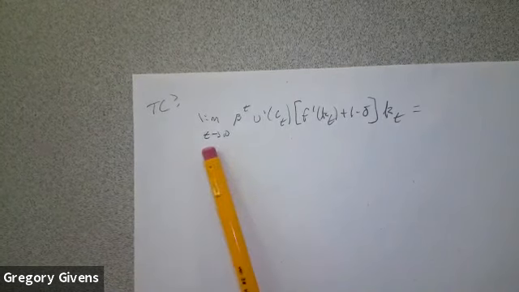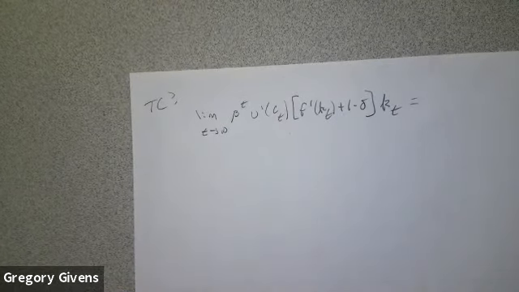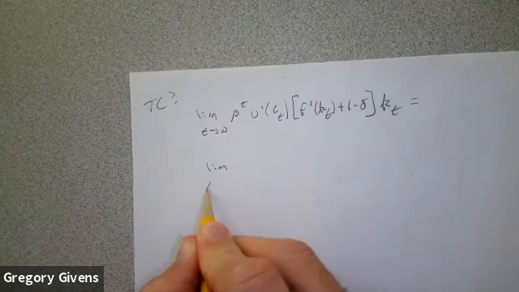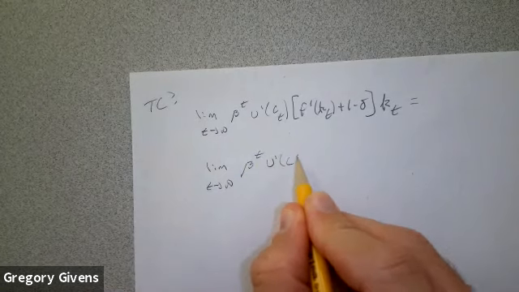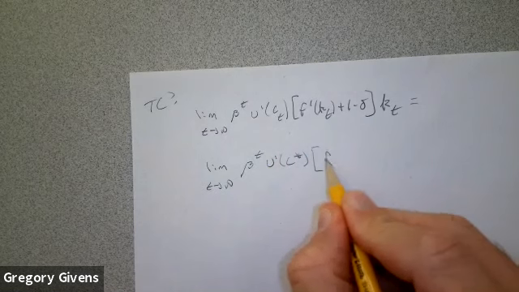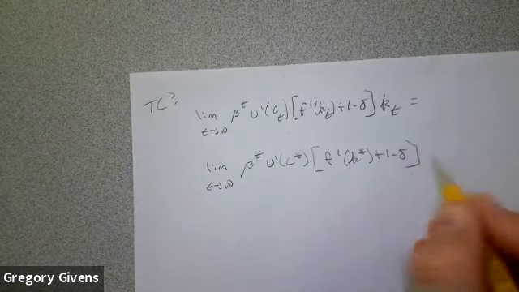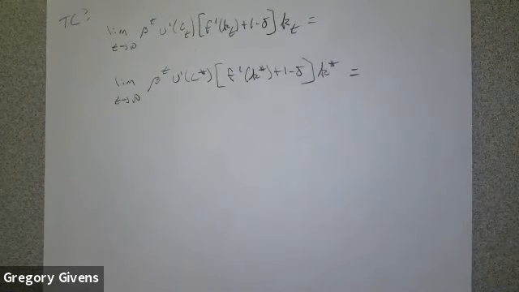Well, what have we just demonstrated? That as t goes to infinity, where do consumption and capital go to? They go to the steady state, right? So this could be written as the limit as t goes to infinity of beta to the t, u prime of c star, times f prime of k star plus 1 minus delta times k star. What's f prime of k star plus 1 minus delta equal to?